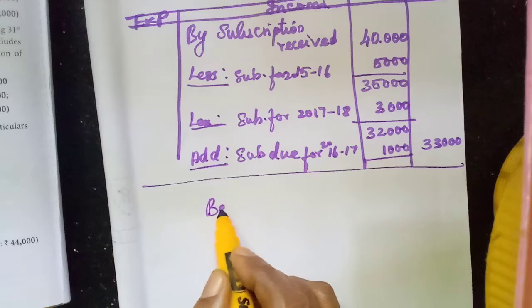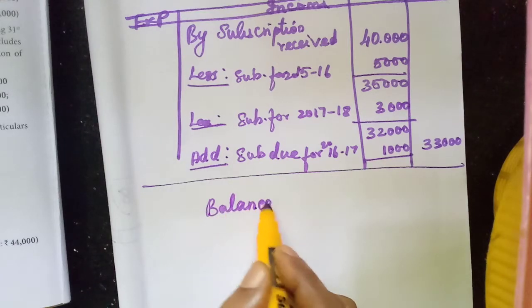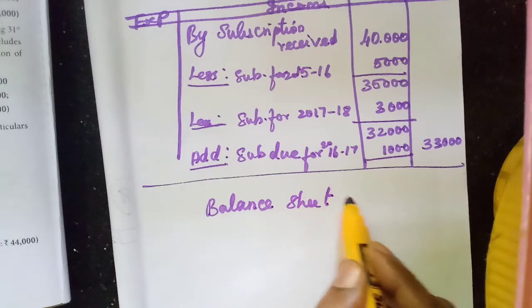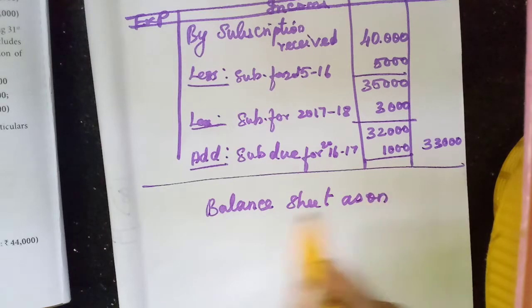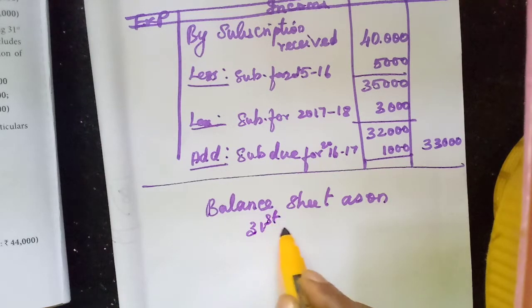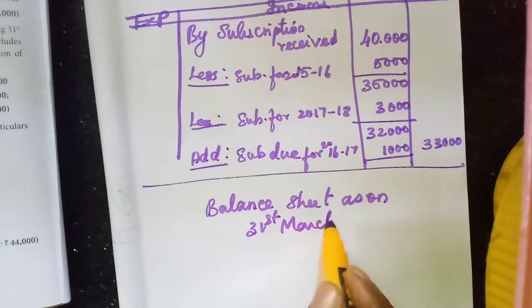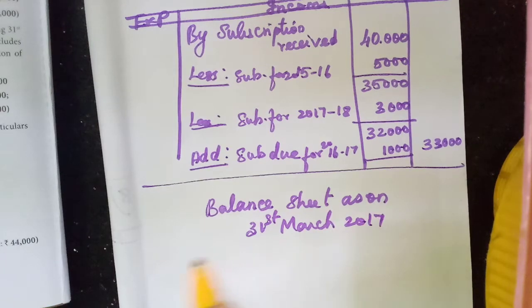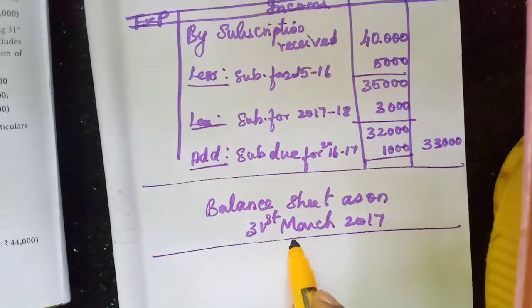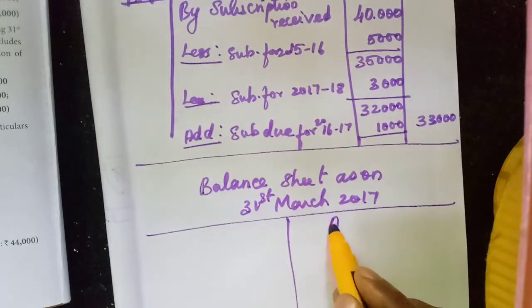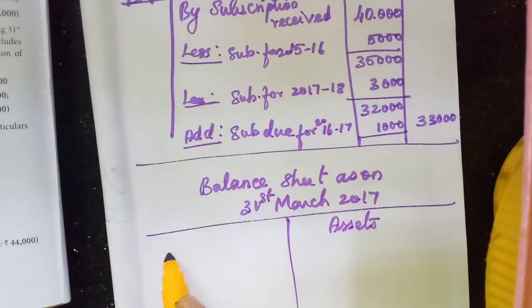Now balance sheet as on 31st March 2017. Here both the sides we can write. Here assets, here liabilities.